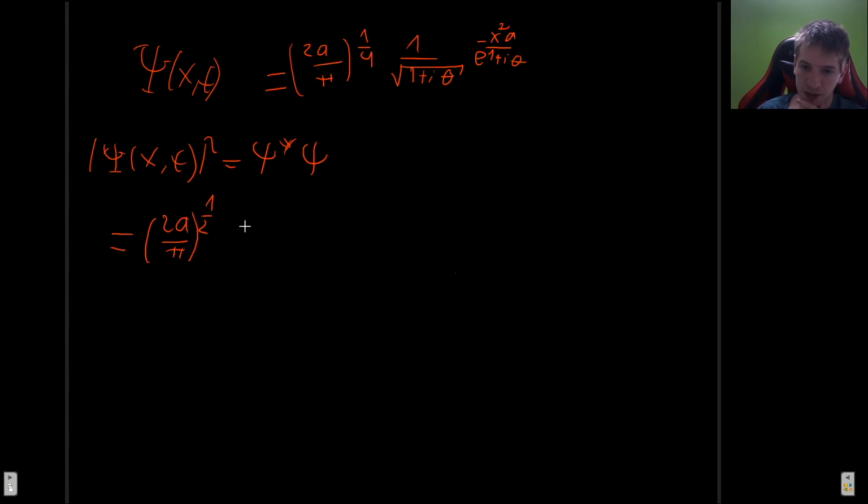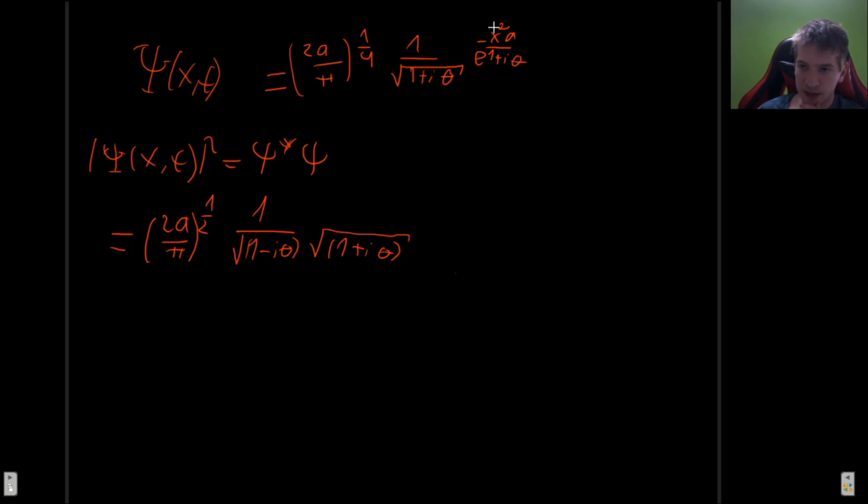Now this right here is not real, so we have to consider its conjugate multiplied by the actual thing. So it's going to be the square root of 1 minus i theta multiplying the square root of 1 plus i theta.